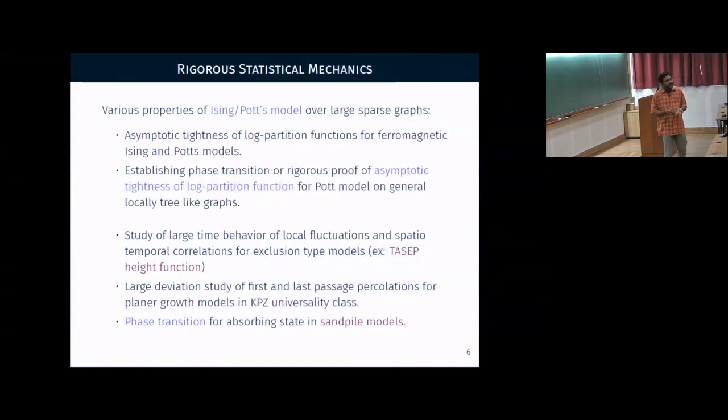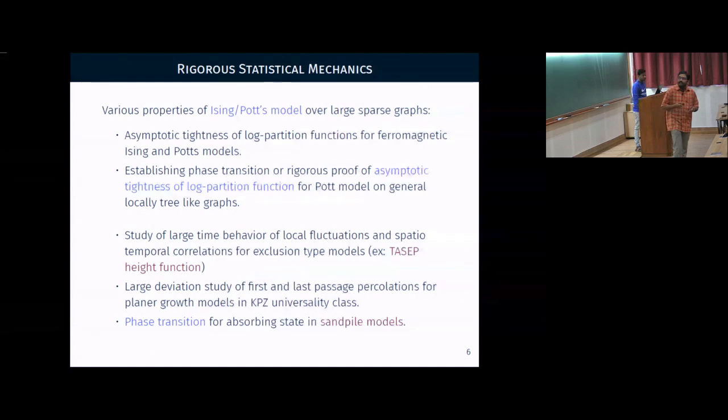And there are some other kinds of problems also. For example, there is the totally asymmetric simple exclusion process. This is a completely different kind of statistical problem than the Ising model kind of problems.